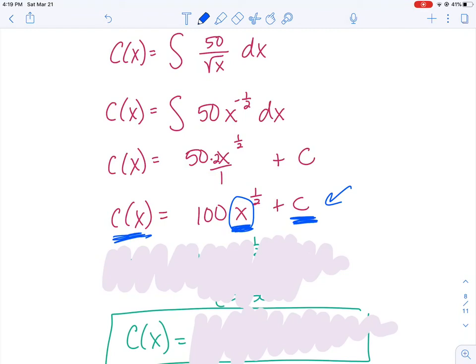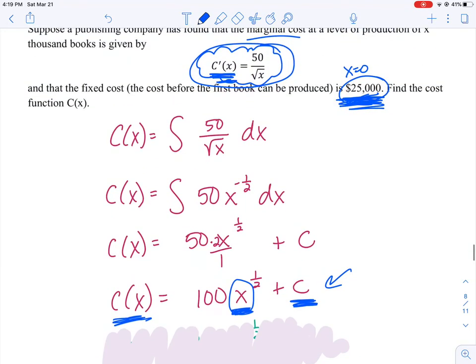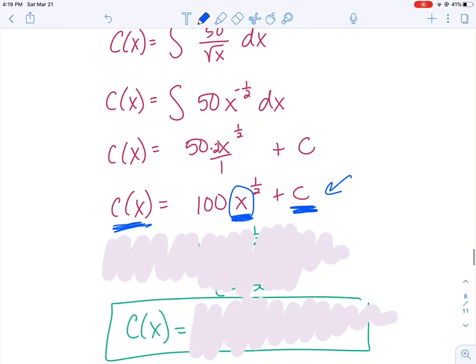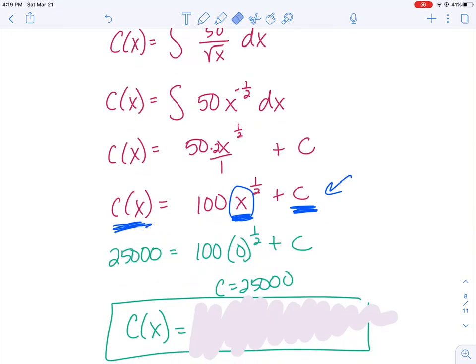And so, did we have an initial condition? Did they tell me something else about the situation that I can plug in some values? Well, yeah, didn't it tell me that when I started off, before I produced any amount of books, I had a fixed cost of $25,000? So really what that means is, when x is 0, my cost is already $25,000.